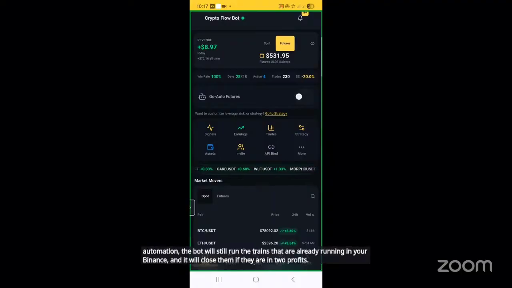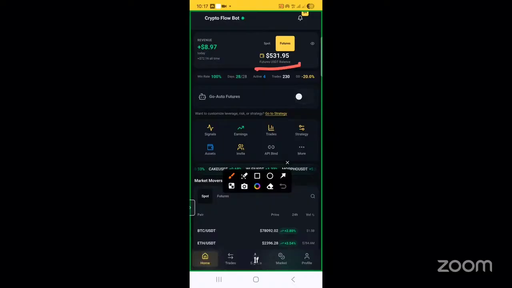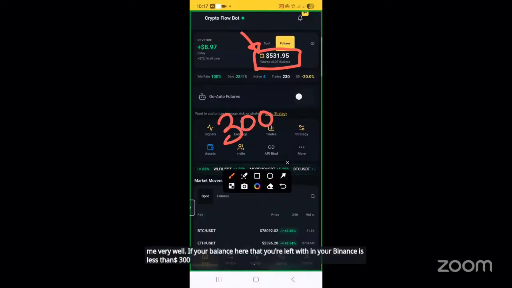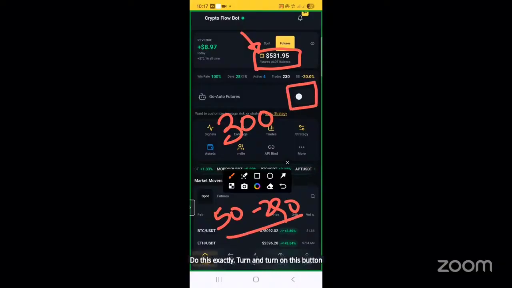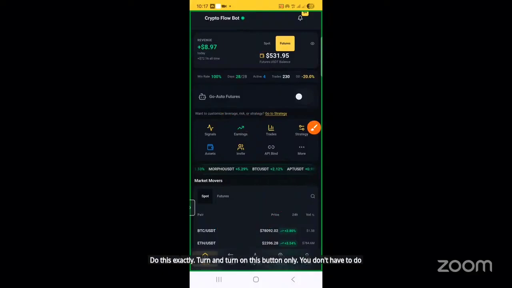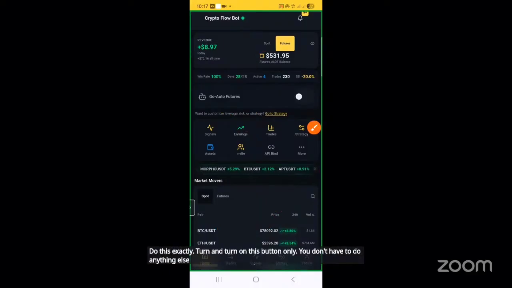So if your balance here, please hear me very well, that you're left with in your Binance is less than $300, maybe it is around $50 to $290, do this exactly. Come and turn on this button only. You don't have to do anything else. Am I loud and clear?